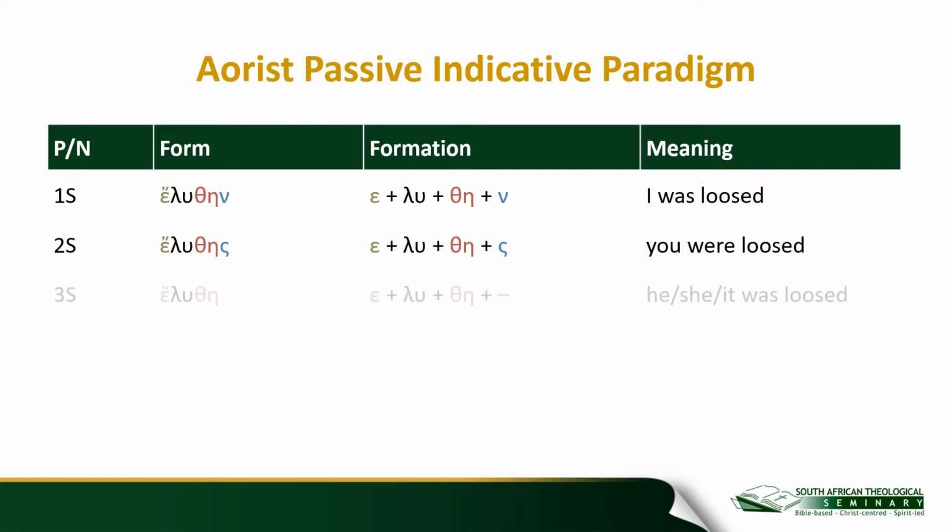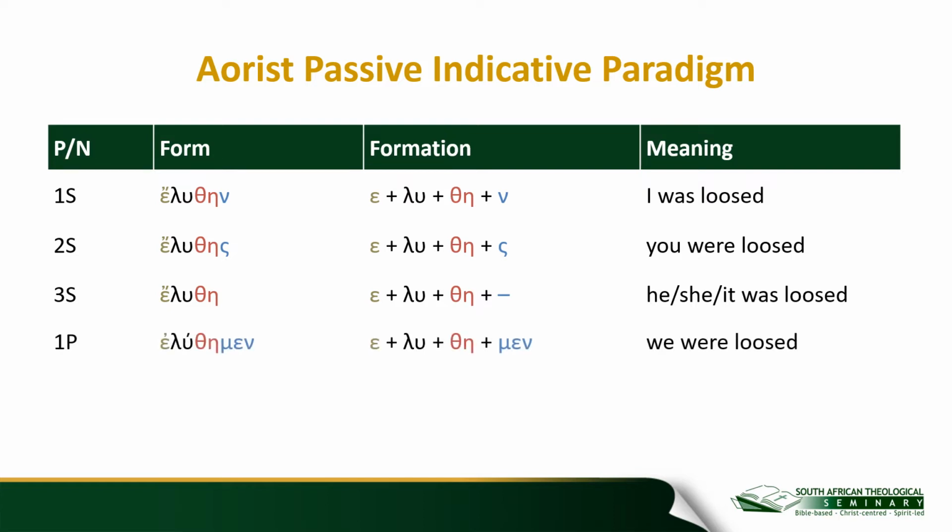The three singular, ἐλύθη, from the augment epsilon, the tense stem λυ, the tense formative θη, and there's no personal ending for the three singular, he, she, or it was loosed. The one plural, ἐλύθημεν, from the augment epsilon, the tense stem λυ, formative θη, and personal ending μεν, we were loosed.